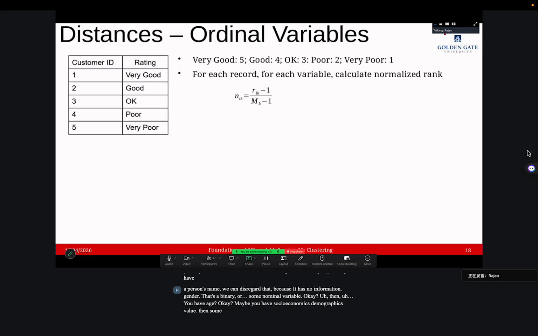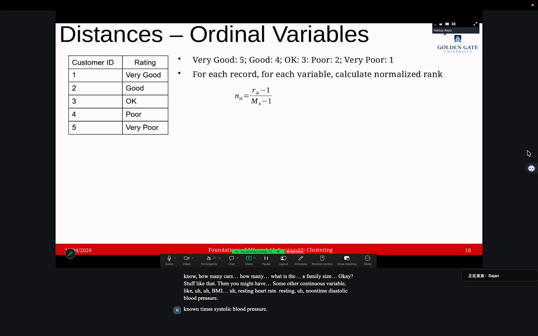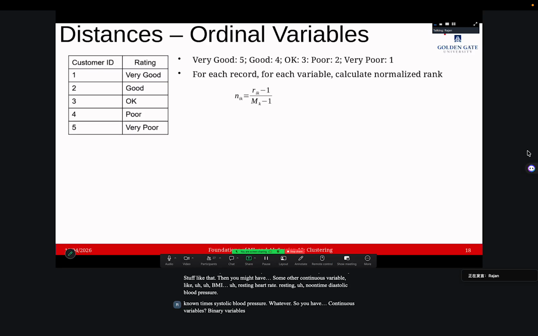Then some other categorical variable, like how many cars, what is the family size, stuff like that. Then you might have some other continuous variable like BMI, resting heart rate, noon time diastolic blood pressure, noon time systolic blood pressure, whatever. So you have continuous variables, binary variables, as well as ordinal variables. You expect to find all of them.